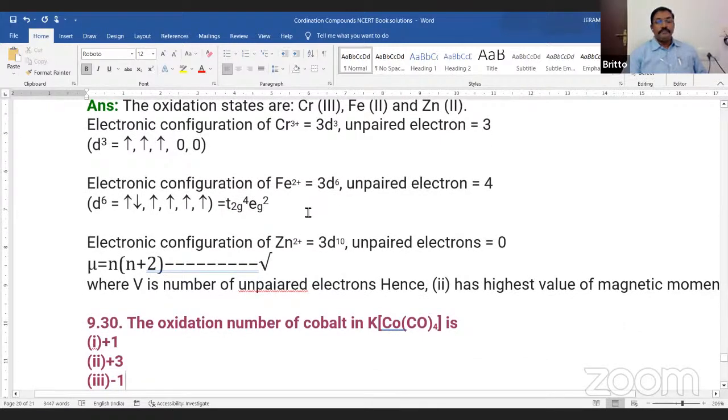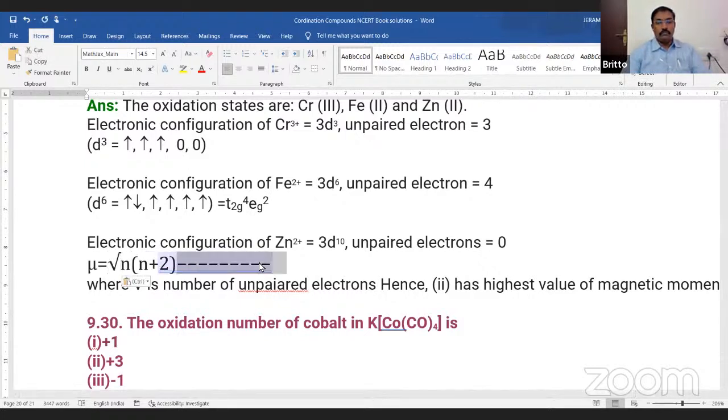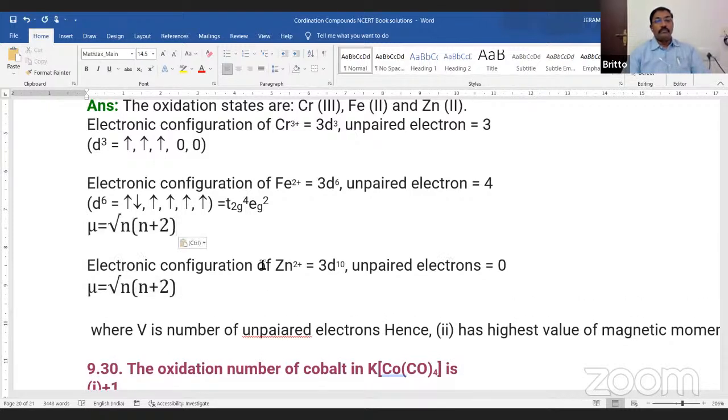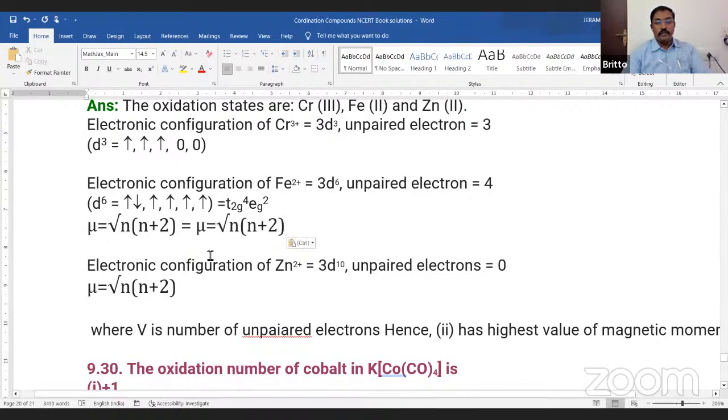Now calculate the magnetic moment. Same thing, square root of n into n plus 2. How many unpaired electrons are there? 4 unpaired electrons. So the magnetic moment will be square root of 4 into 4 plus 2, and 4 plus 2 is 6.